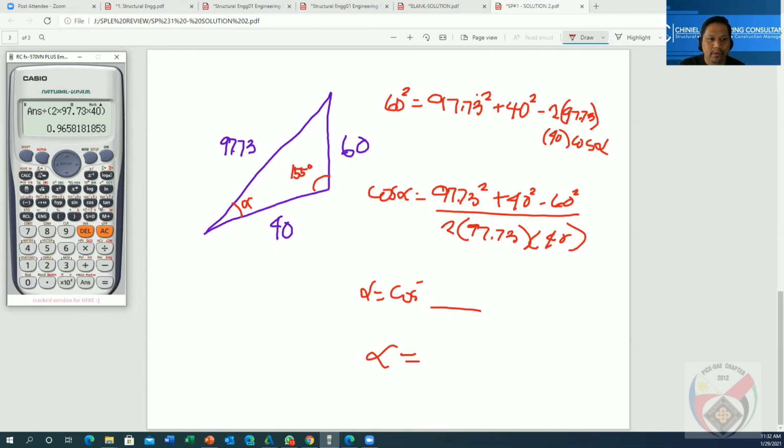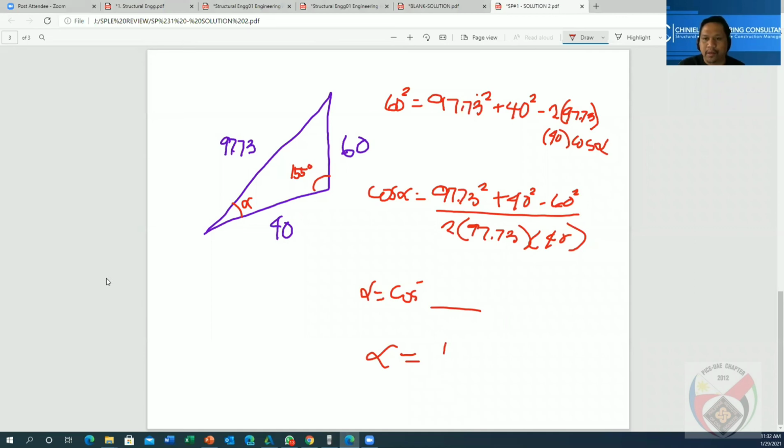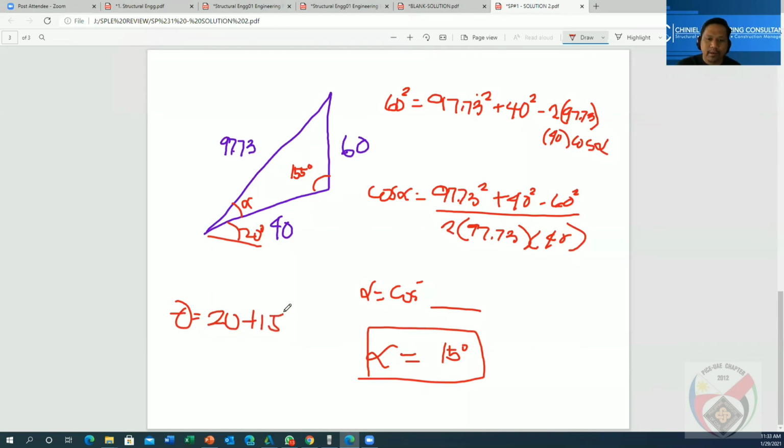Then shift cosine. I'm sorry. So 15 degrees. So it's just the same, 15 degrees. The theta is plus 20 degrees. So theta is 20 plus 15 degrees. So theta is 35 degrees from the horizontal.